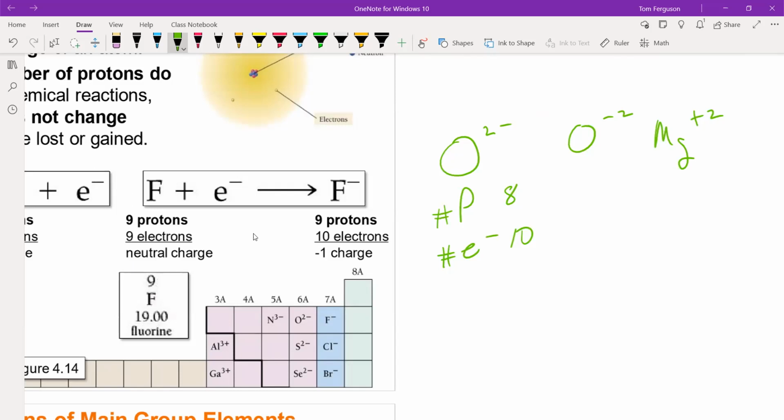Okay. 12 protons. How many electrons? Yeah, 10, because we have 2 fewer electrons.